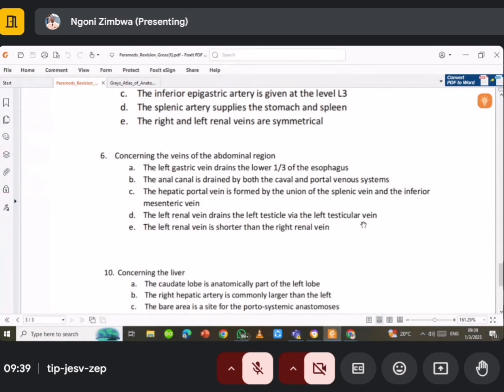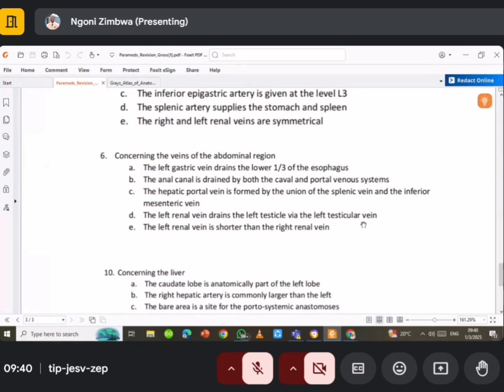And take note, this abdominal esophagus is a site for portosystemic anastomosis. So if you have hypertension of the portal vein, you're going to have varicosis of the esophagus, due to liver cirrhosis and so forth.